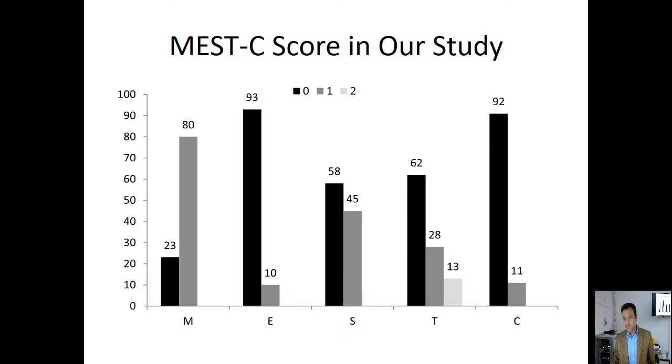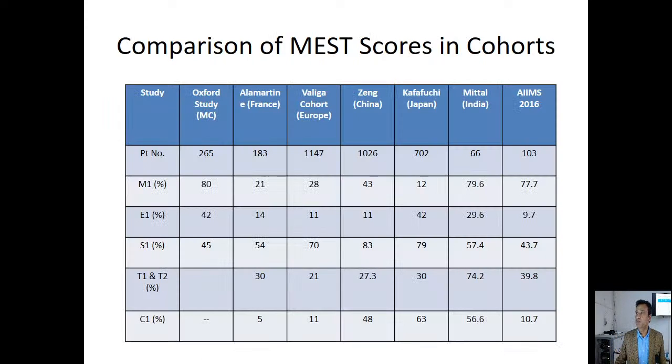So, how does the MES score in our cohort compare to the other cohorts? In the original Oxford study, from where the MES score came, again, the majority had mesangial hypercellularity, seen in 80%, a good amount of endocapillary hypercellularity, and segmental sclerosis.